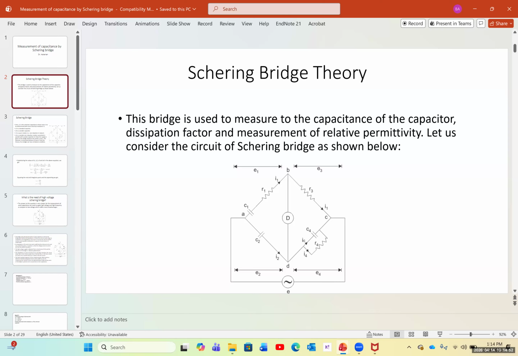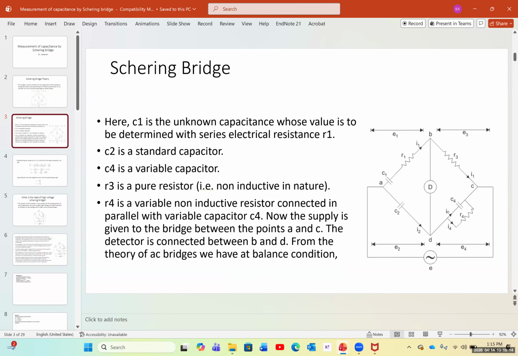Now, this graph shows a typical Schering bridge. Again, it's for measurement of an unknown capacitor, the dissipation factor, and measurement of relative permittivity. In this Schering bridge, we have 4 arms.